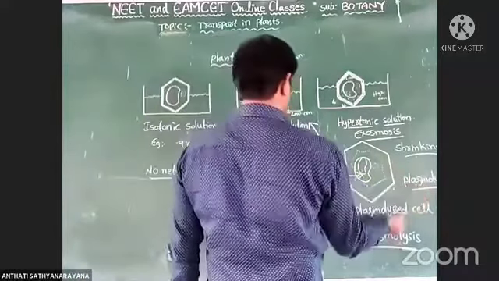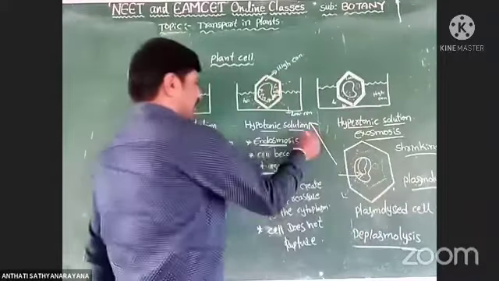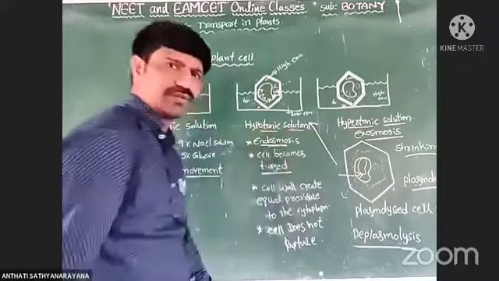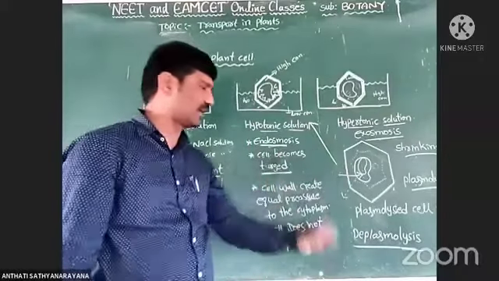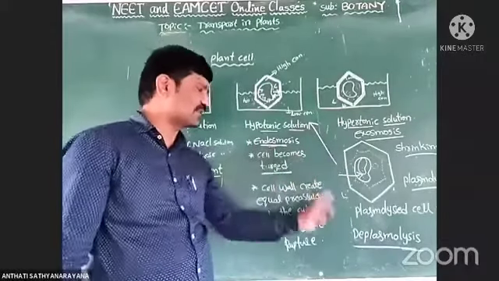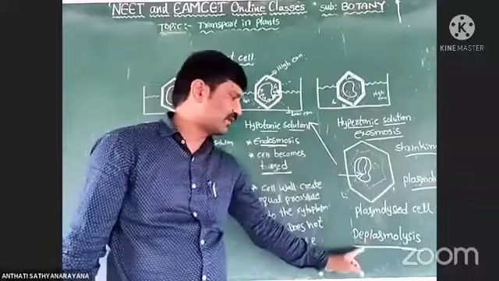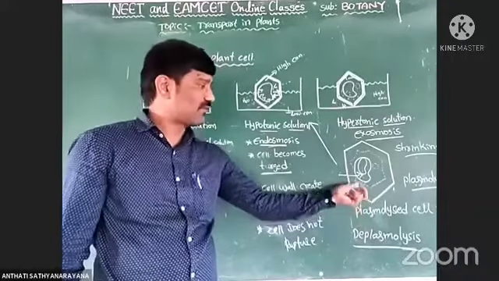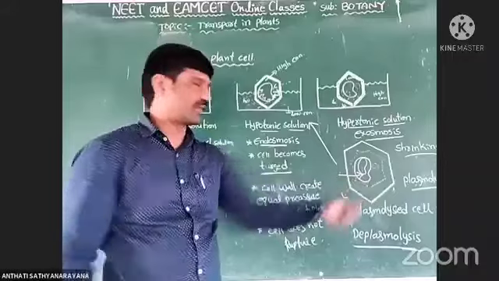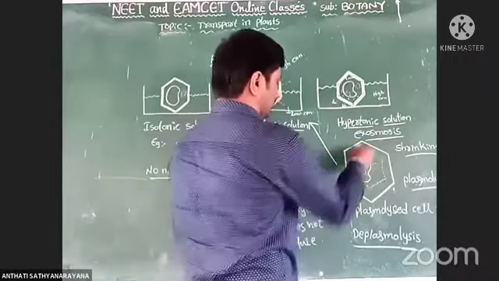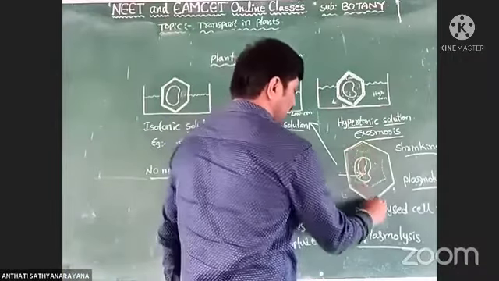When a plasmolyzed cell is kept in a hypotonic solution or normal water, endosmosis takes place again, the vacuole comes back into the original state, and the plasma membrane also comes back into its original state.